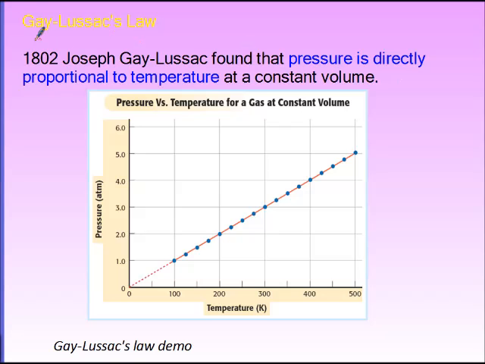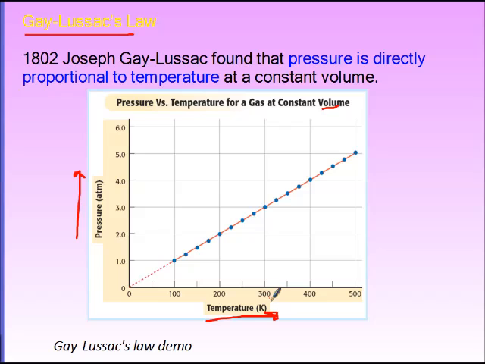Last law is Gay-Lussac. I know it looks like Gay-Lussac, it's pronounced Gay-Lussac. A French guy pronounced his name differently. But he was experimenting with pressure and temperature, and he found, just like Charles, that temperature has a big effect on the pressure of the gas. So if the volume remains constant, he found that when the temperature increases, the pressure increases.